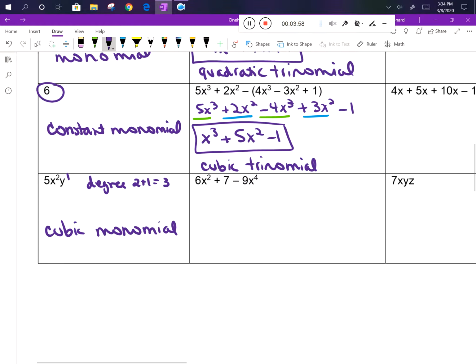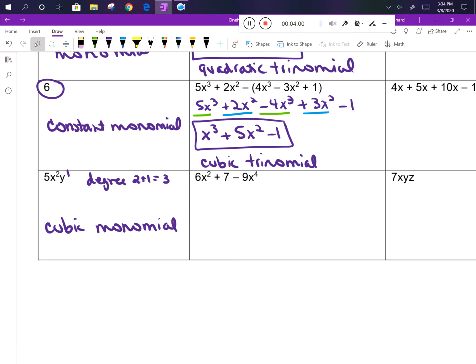Below that, we see something that has 3 terms currently, and as I look at the powers on the variables, they're different. So we actually don't have any like terms at all to be able to be combined. It's still going to be a trinomial when we get done. But currently, it's not in standard form because the highest power is down here in the end. That needs to move up to the front in order for this to be in standard form.